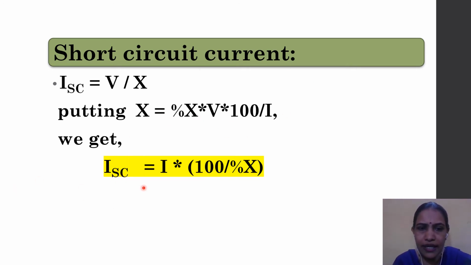So you will get short circuit current in terms of percentage reactance like this: ISC is equal to full load current I into 100 divided by percentage X. Please note down all these things in your notebook.